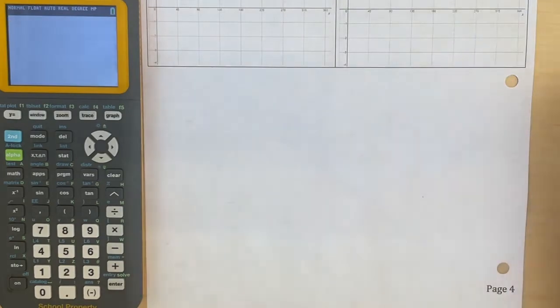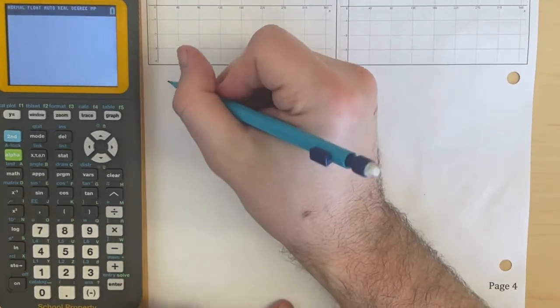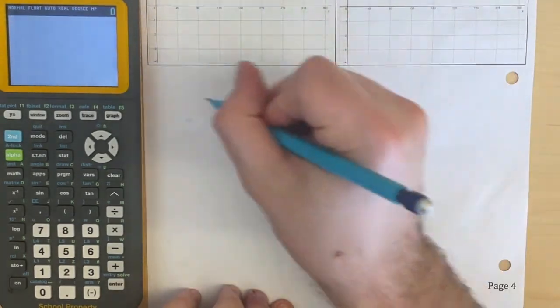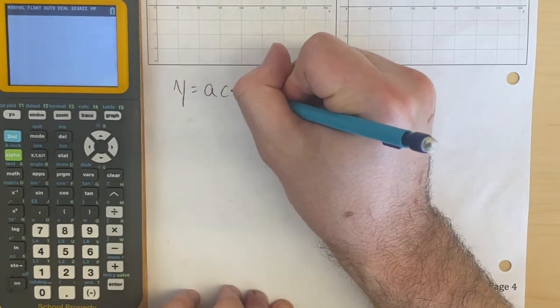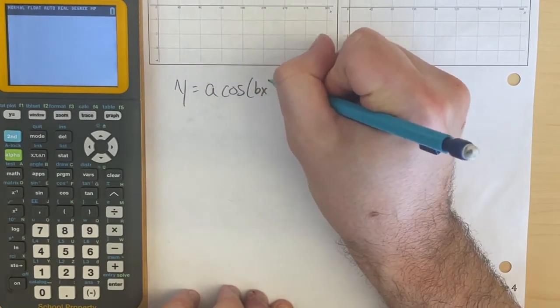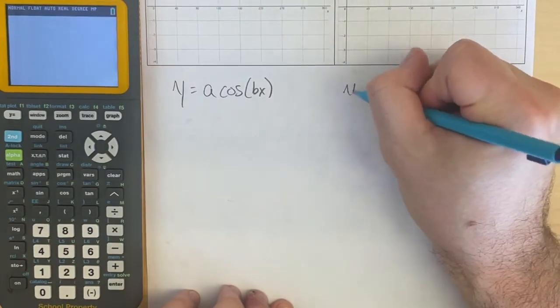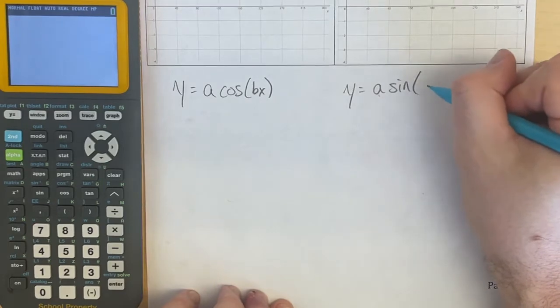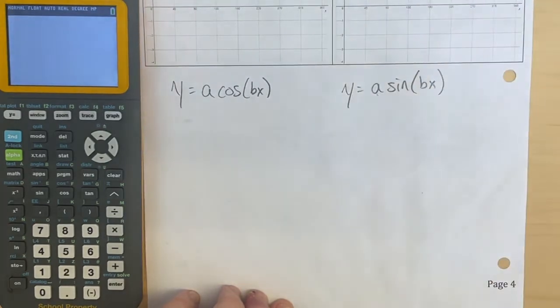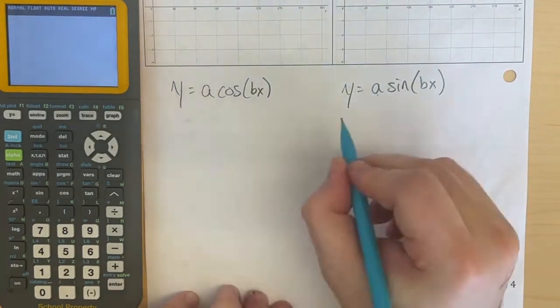Your functions are going to be in the form y equals a times cosine of bx, or y equals a times sine of bx. What do those stand for? It works for both of these.